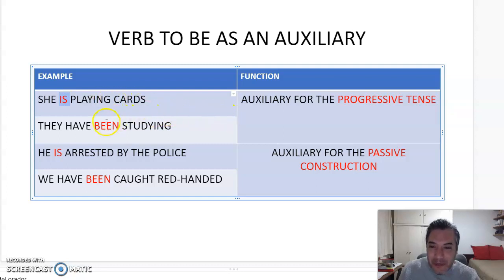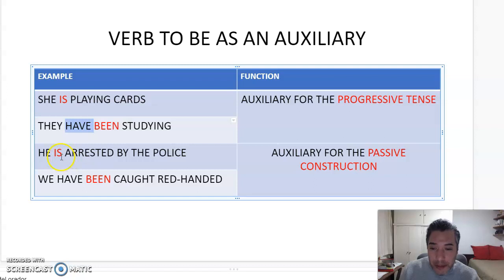So the same happened with this tense. For example, this have been studying. This been, it's an auxiliary for progressive tense. In this case, in this particular case, it's for the perfective. Okay? Present perfect, the perfective progressive tense.